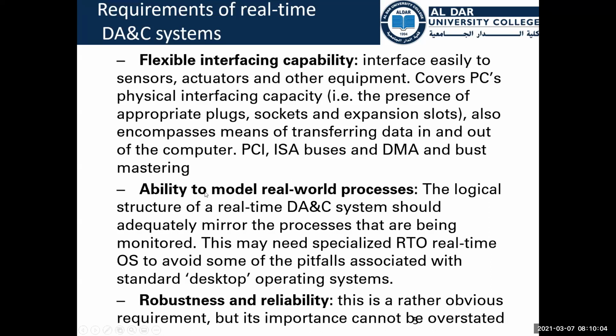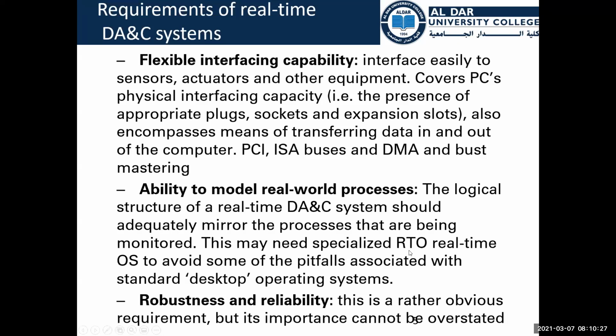The fifth requirement is the ability to model real world process. This means we have an operating system, and this operating system should be able to handle the input-output process.